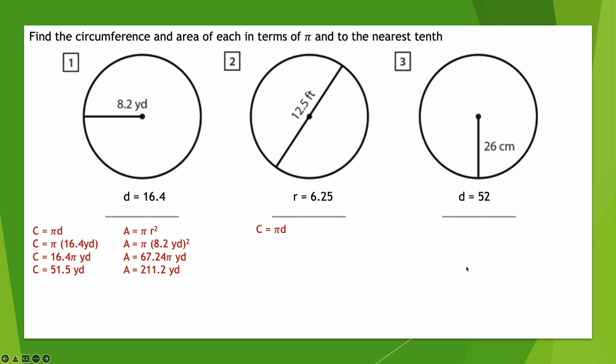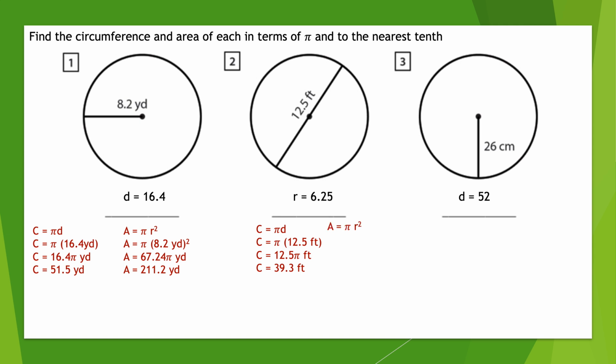All right, so circumference is pi times diameter. Diameter is 12.5, so it's just 12.5 times pi feet. And if I want to convert to the nearest tenth, I plug in 3.14 for pi, I multiply because there's no symbol in between, and I come up with 39.3 feet. As far as the area goes, it's pi r squared.